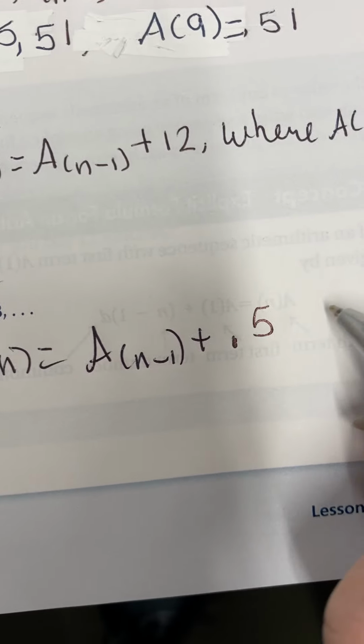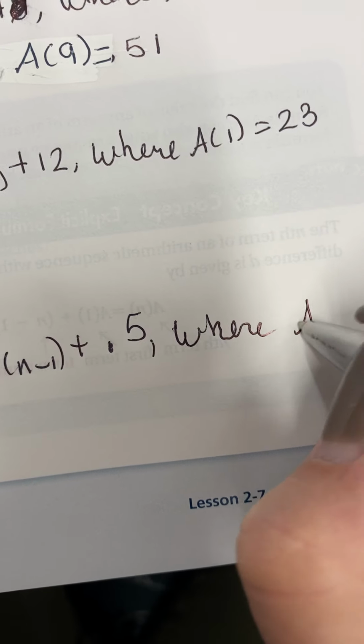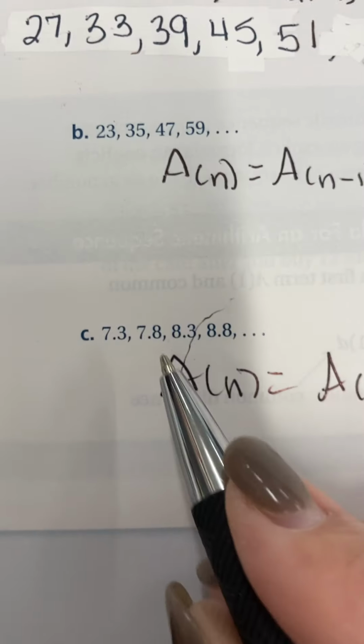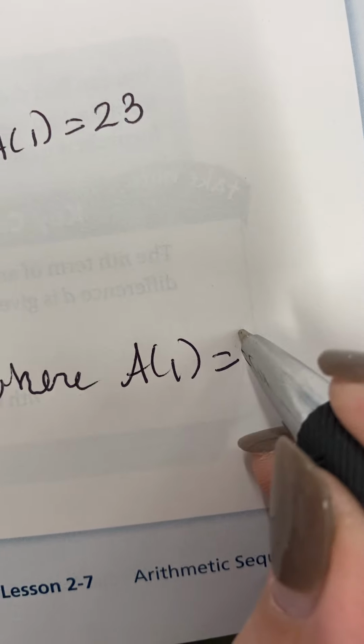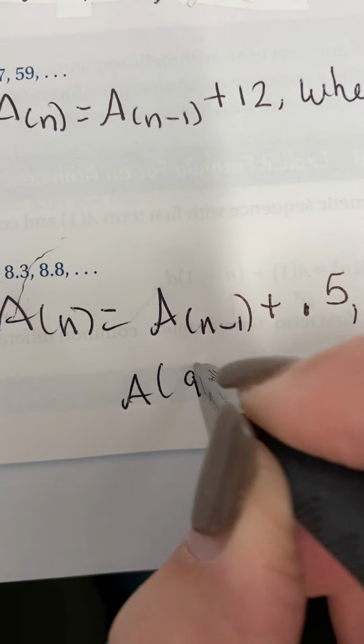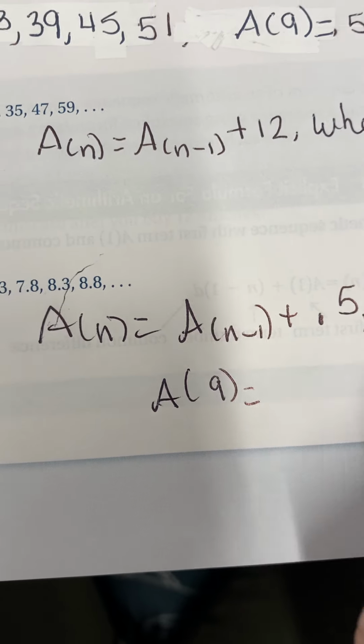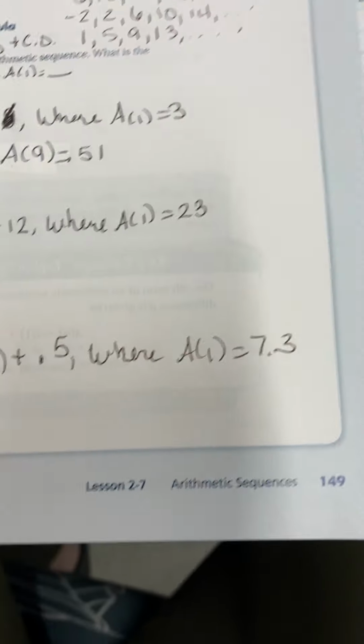But then you have to again put where the first term is 7.3. And then again, to get to your 9th term, you would just keep adding 0.5 to it until you get to, you can say, a sub 9 equals whatever it does.